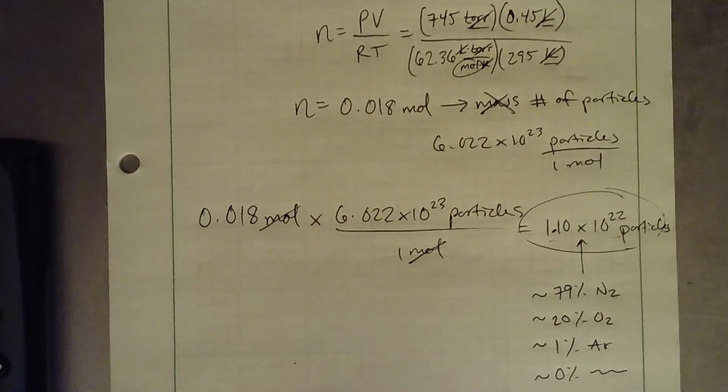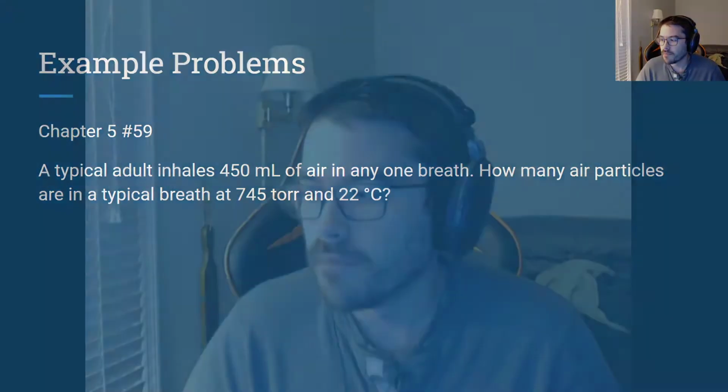Okay, so those are just three examples of some types of problems that you can do. The problems are going to be all over the place. What you have to recognize is: what information am I given to start? What am I looking for? What equation can I use, or how can I set up the equations that I have at my disposal to solve for the missing thing?